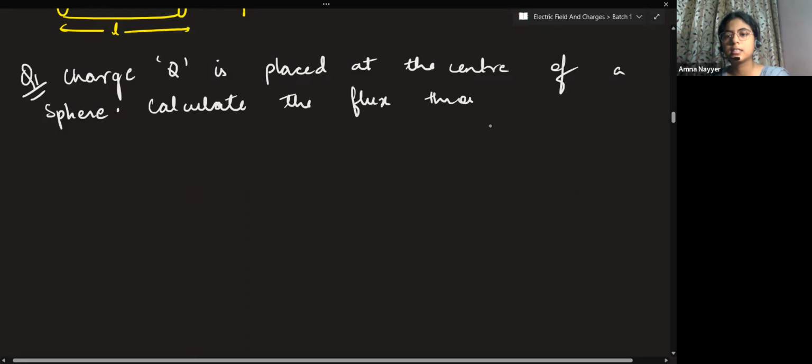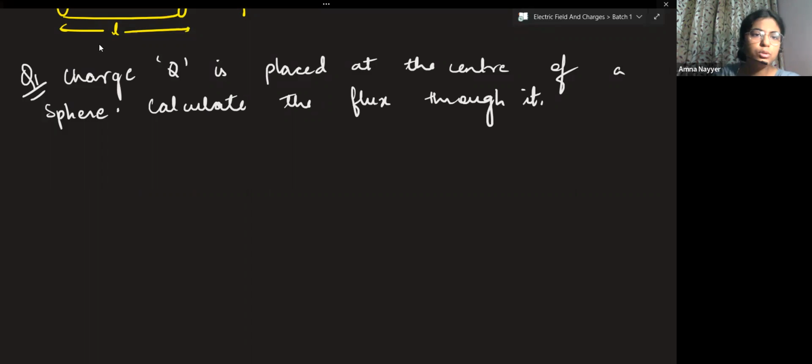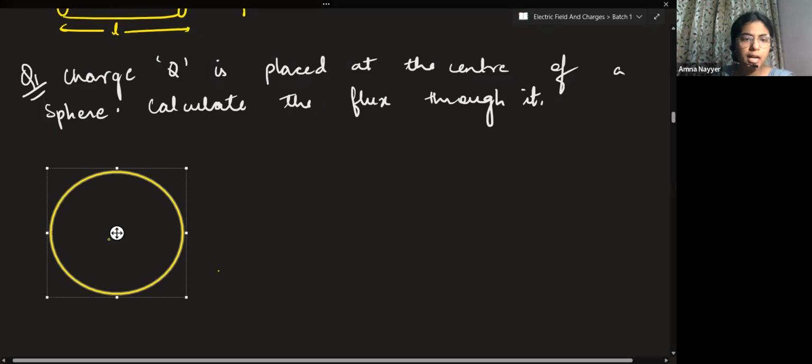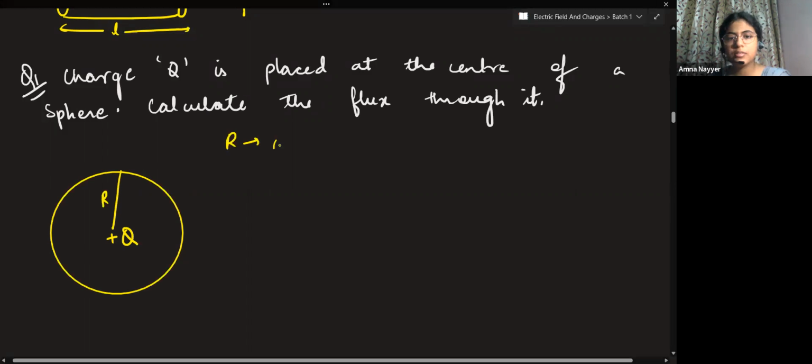So see, how will you solve these kinds of questions? Let's say this is the sphere that we have, and plus capital Q is placed at the center, and let's say capital R is the radius of the sphere.